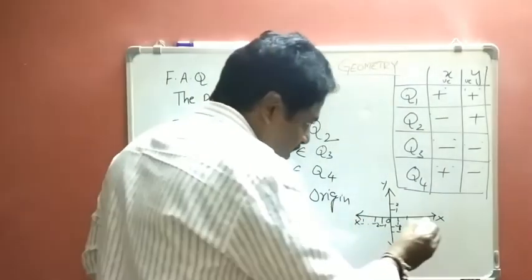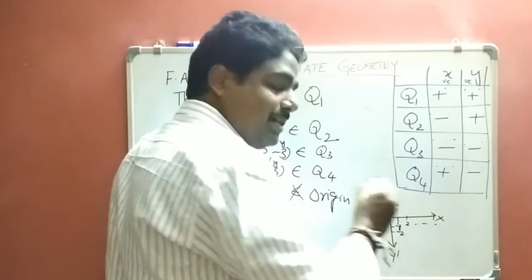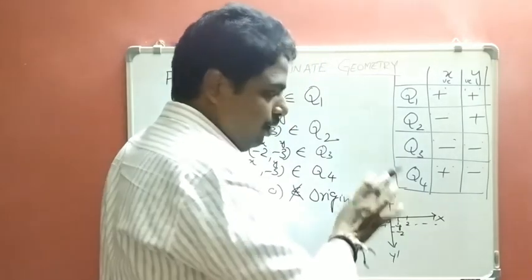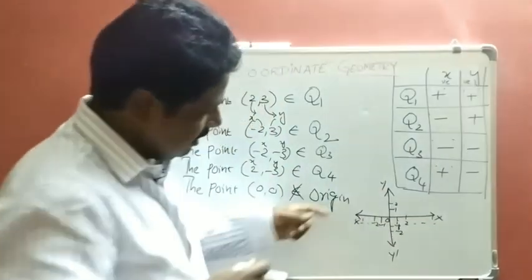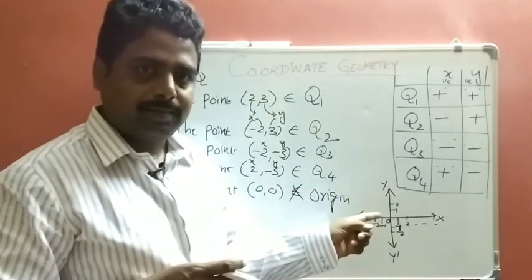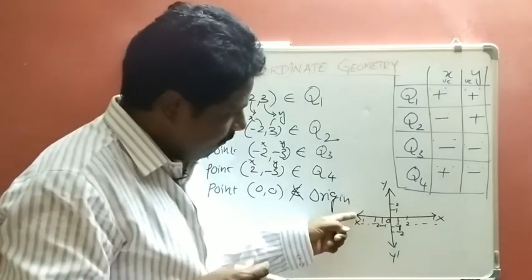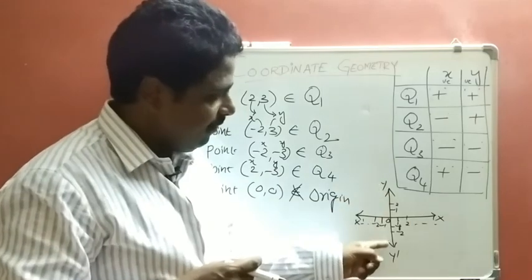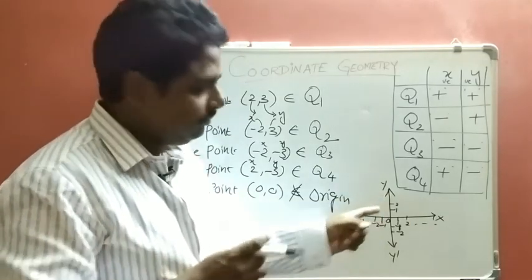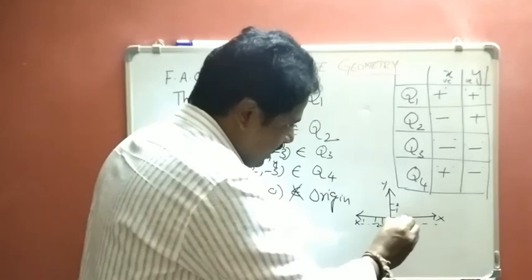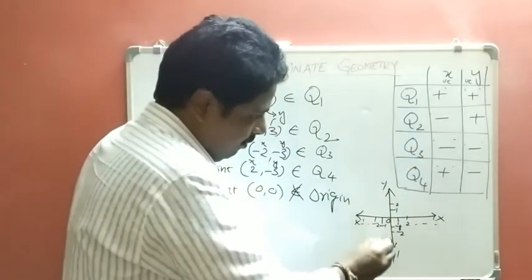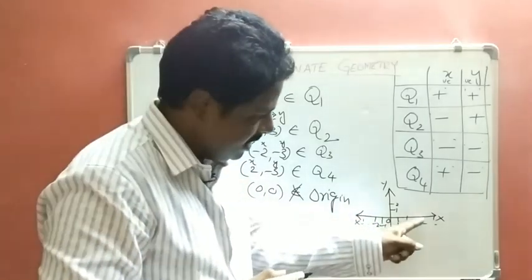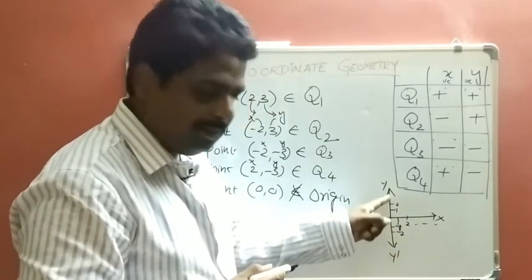This horizontal line is called the x-axis. On the x-axis the numbers are related only to x coordinates, and on the y-axis the numbers are related only to y coordinates. So what is the value of the y coordinate on the x-axis, and what is the value of the x coordinate on the y-axis? On the x-axis each number is for x, and on the y-axis each number is for y.